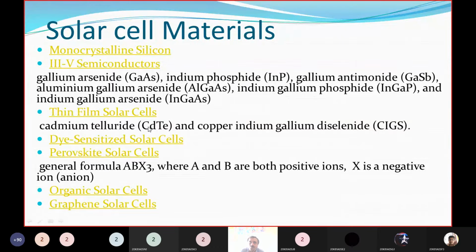In the case of thin films, how do we prepare them? First of all, we have to prepare a solution of cadmium telluride material. Then, by using different techniques, we can coat it on a substrate material, which can be a metal or any other.